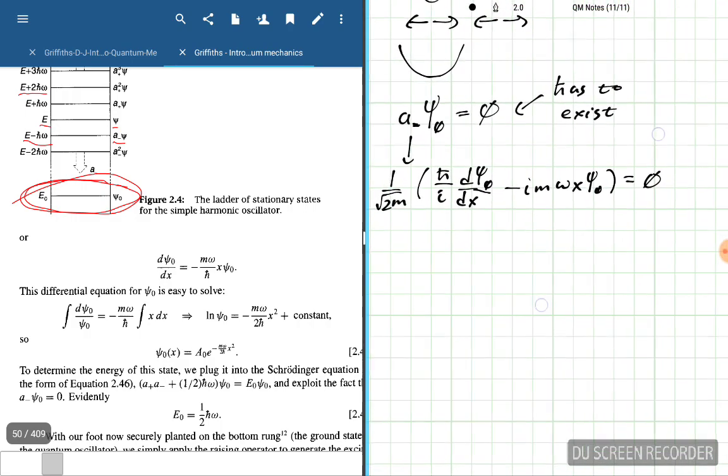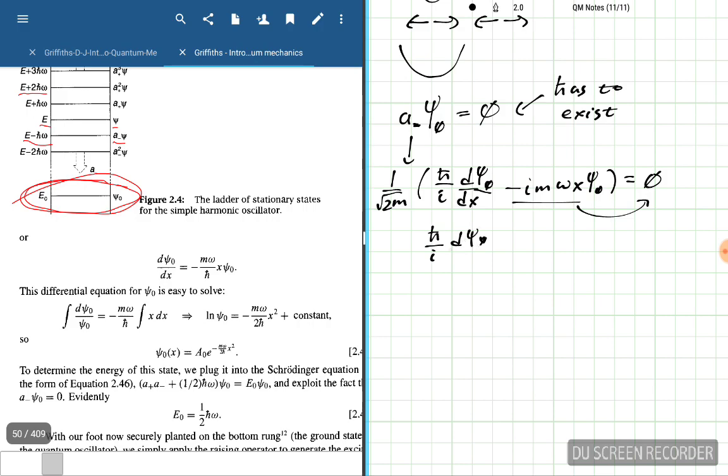Okay, first of all, I can multiply both sides by square root of 2 times m, and that just goes away because anything times 0 is 0. And then I can add this to both sides. So I get h bar over i d psi dx equals, that's positive now, i m omega x psi. Multiply both sides by i over h bar.